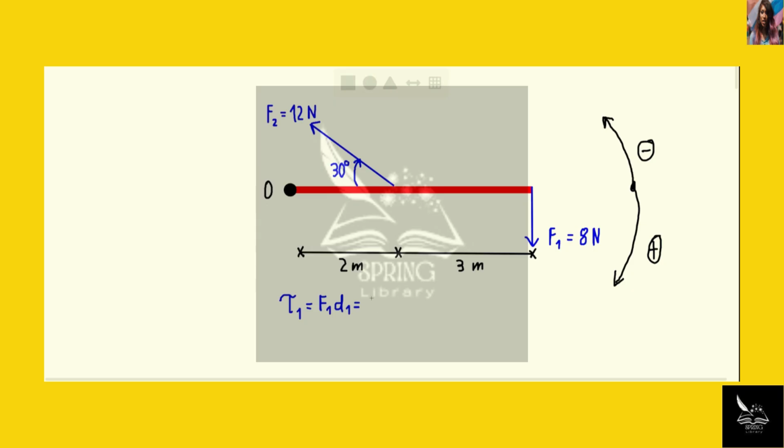So that'll be 8 newtons times 2 plus 5 meters. So that is 5 meters. So we have 40 newtons times meter.